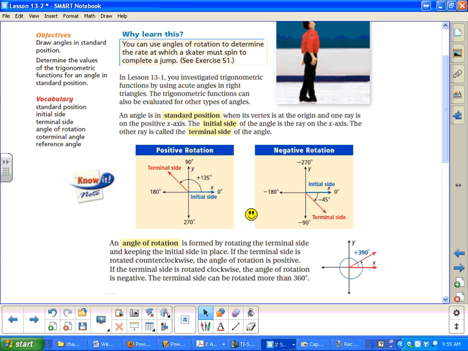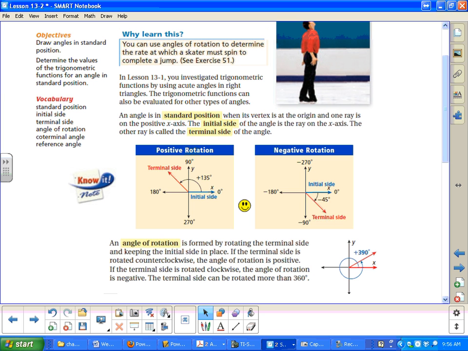Now, if it's a positive angle, we rotate counterclockwise, so you can see that the arrow rotates around counterclockwise for this positive 135-degree angle. Over here we have a negative angle, and the angle rotates clockwise, right? It goes down and around like this. So clockwise gives us negative angles, and you could go around many times, where positive angles go counterclockwise.